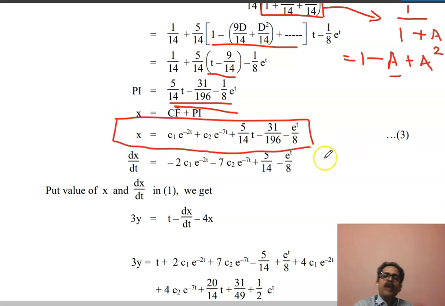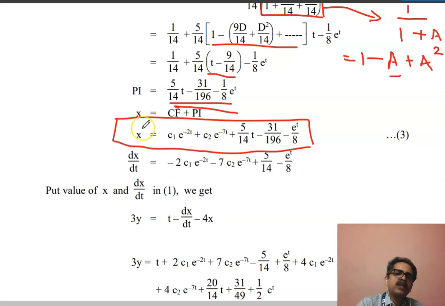Now we have to find the value of y in terms of t. So we differentiate this equation both sides with respect to t. We can get the value of dx/dt. Put the value of x and dx/dt in equation number 1. Remember, here we obtained the value of x in terms of t. Now we have to find the value of y in terms of t.